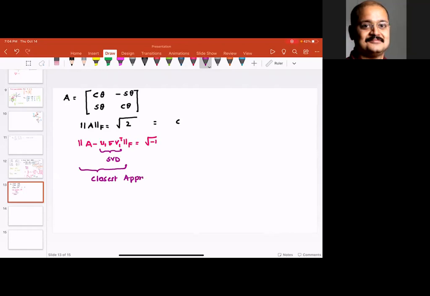Did anyone try this problem or no? You try this? How did you attempt it?